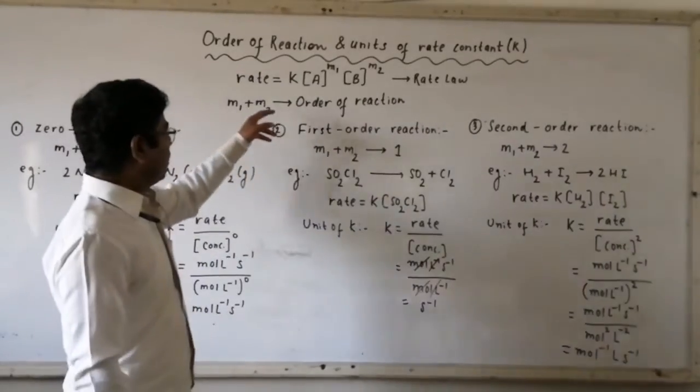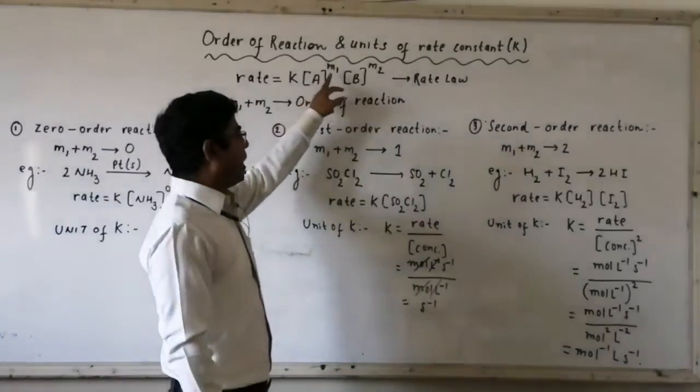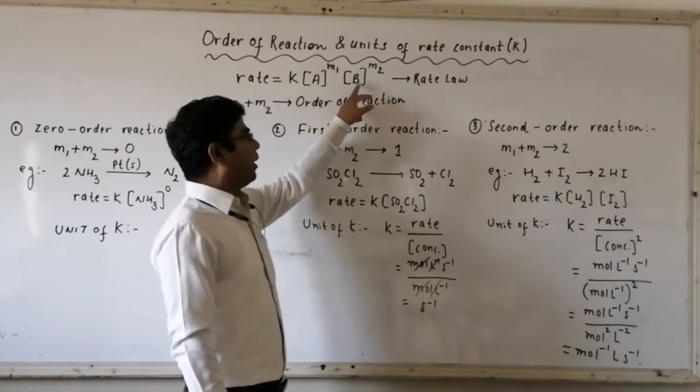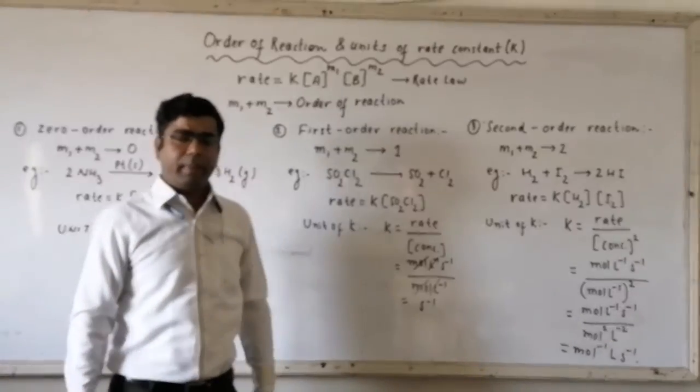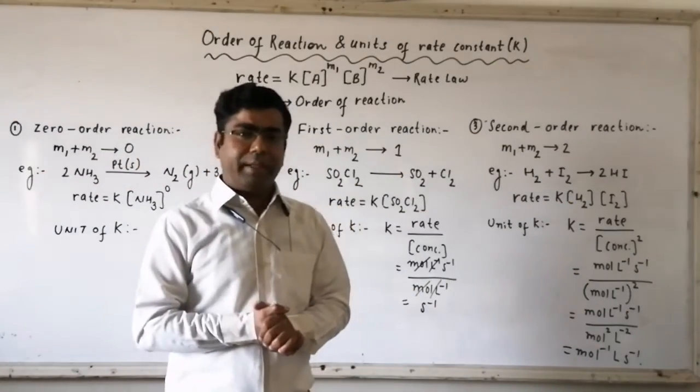Rate law was given by rate equals to K into concentration of A to the power m1 into concentration of B to the power m2. This is called rate law, where rate is related with concentration of the reactant.